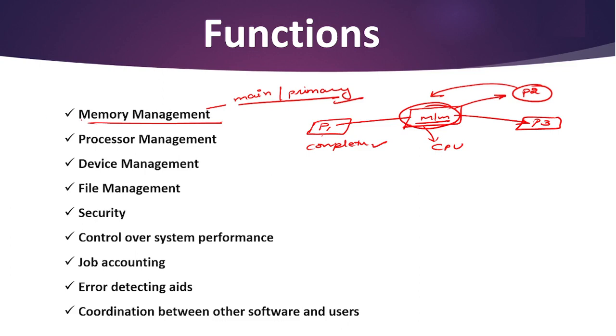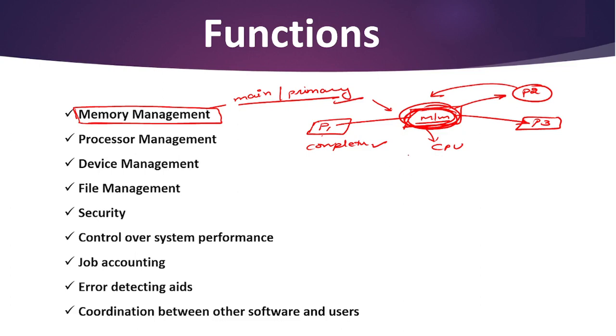I hope it is clear why we need memory management in an operating system. Main memory is a basic memory that every process needs, and there are so many processes in our computer system waiting in a queue. That's why we always need to manage the memory.